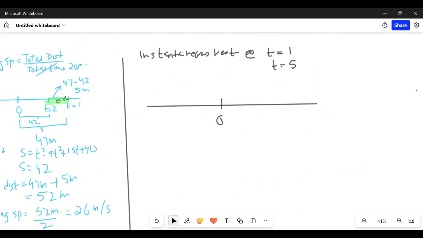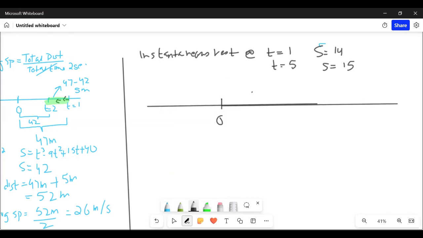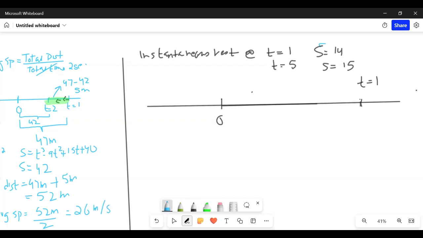S equals 47, S equals 15. So at t equals 1, the object is here, and this distance is 47 meters. This is 47, not 14.